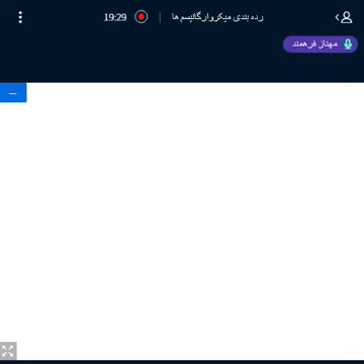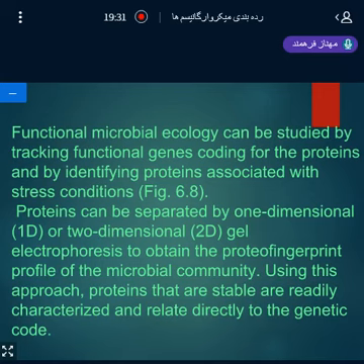Functional microbial ecology can be studied by tracking functional genes coding for the proteins and by identifying proteins associated with stress conditions. So another important factor is stress conditions.